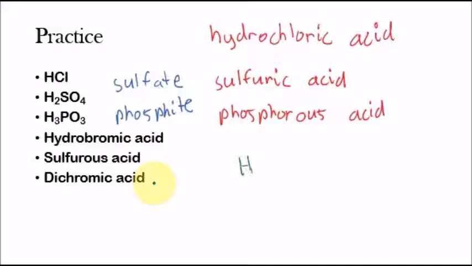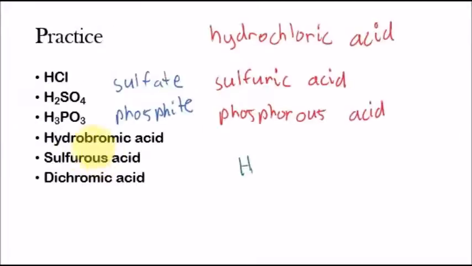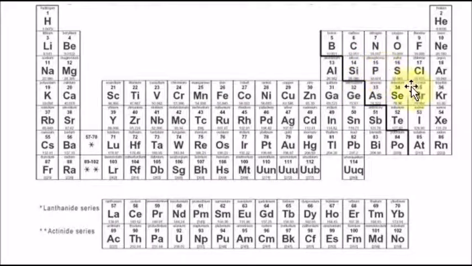The rule for naming a binary acid is we write hydro and then the nonmetal with the ic ending. So we have bromic. Kind of think backwards here. If it's bromic, the name of the element we're looking at is bromine. Br, bromine.